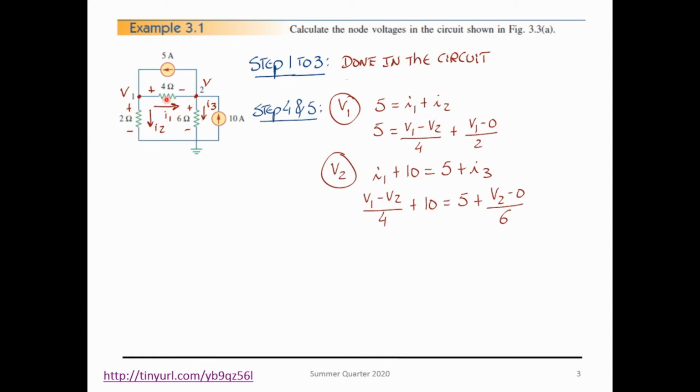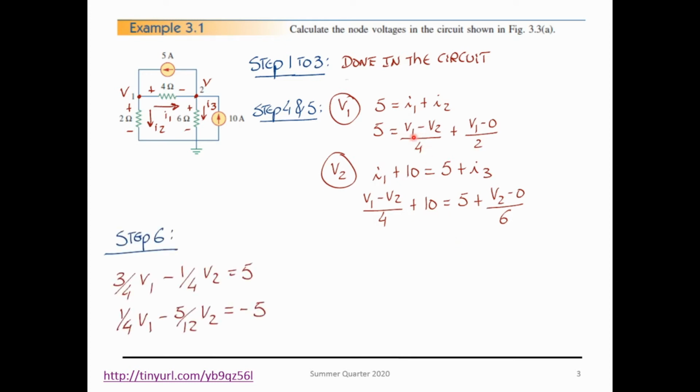And for V2, I have I1 entering plus 10 amps entering, and the 5 leaving and the I3 leaving, and that's what you have here. Then I apply Ohm's law so I can get the current in terms of voltages and resistances.